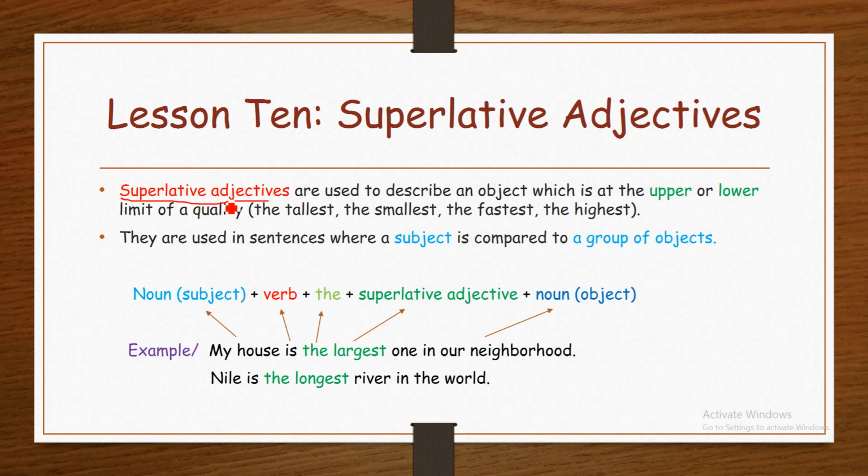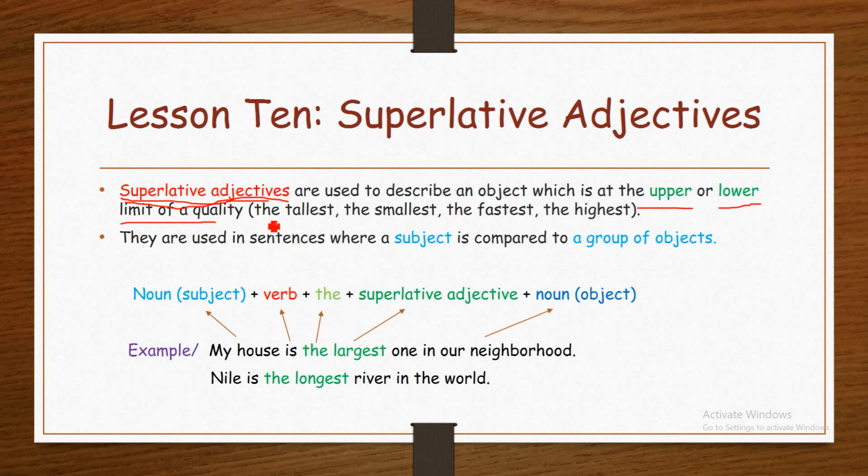Now we are going to study superlative adjectives. What are superlative adjectives? Superlative adjectives are used to describe an object which is at the upper or lower limit of a quality.